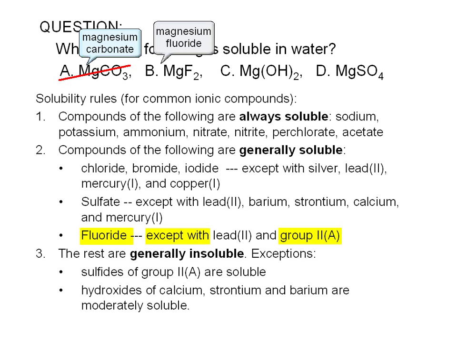If we refer to a periodic table, we will find that magnesium belongs to group 2A. Fluorides of group 2A are insoluble. Therefore, magnesium fluoride is insoluble in water. Choice B is incorrect.